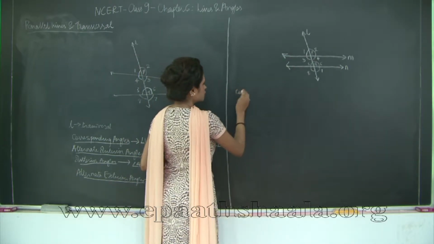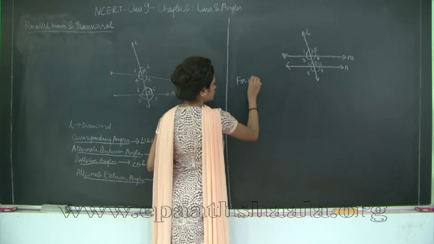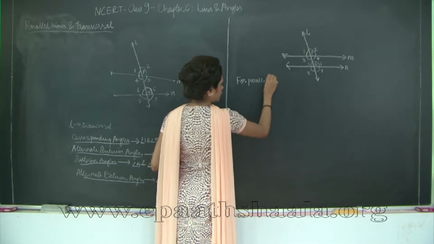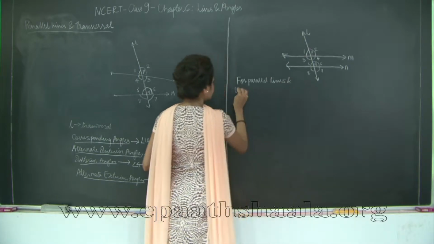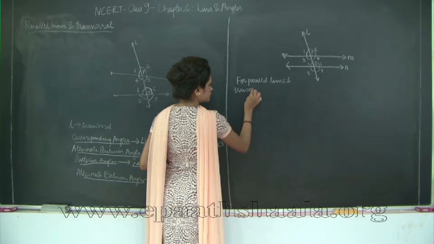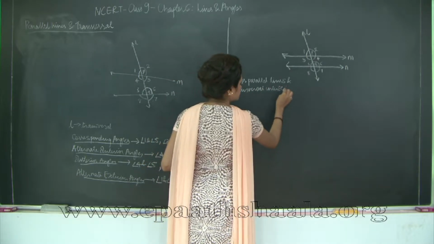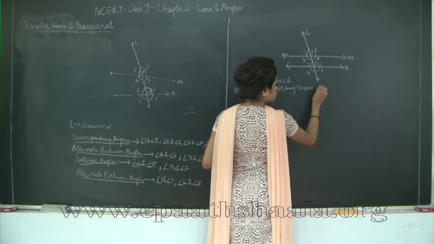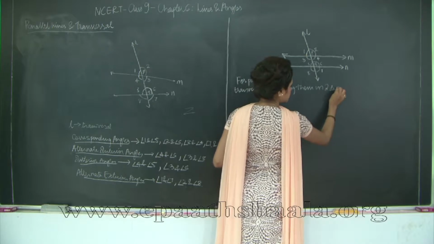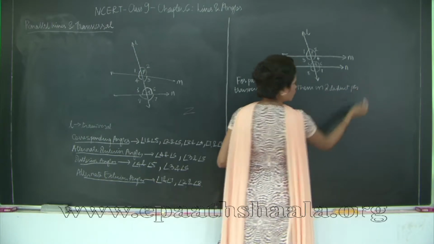Therefore, for parallel lines and a transversal intersecting them in two distinct points, what is your observation?